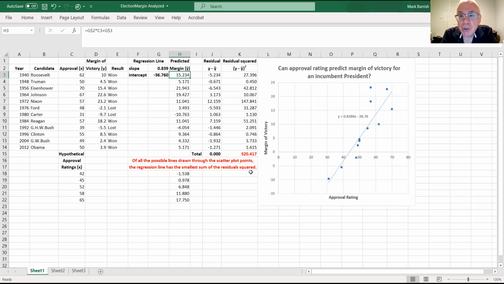We want to make predictions for values of X, the explanatory variable, that are not in the data set. Now, it's very important that when we make these predictions, we always make them for values of X that are in the range of actual values in the data set. Because when we calculate these residuals, we're using the actual X values in the data set.